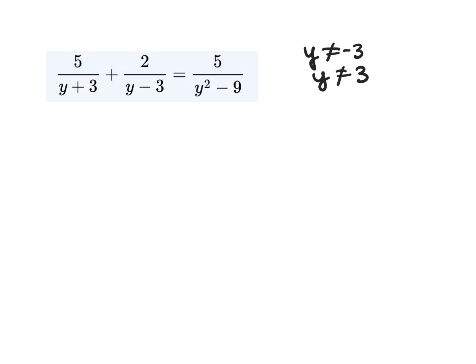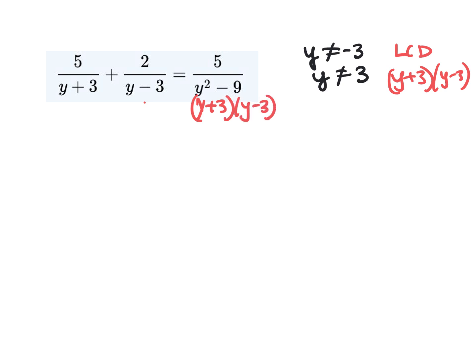I'm then going to look at my lowest common denominator. I'm going to have a y plus 3, and I'm also going to have a y minus 3, and I see that this y squared minus 9 is y plus 3 times y minus 3.